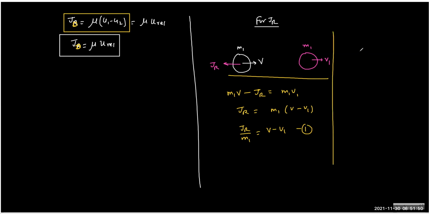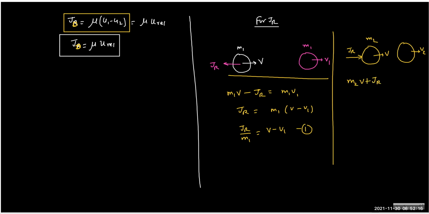So what about the M2? M2 from the maximally deformed state goes to the V2 state, and in the process it gets the support of the J_R again. So the way of writing the impulse momentum will be M2V, and you can see the impulse is taking it further ahead.